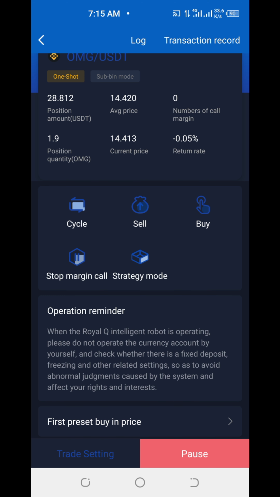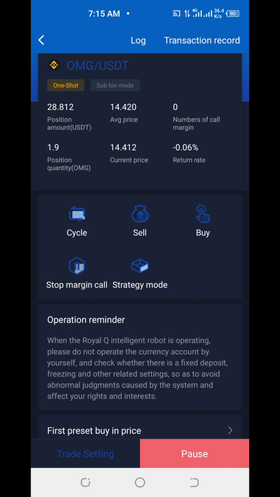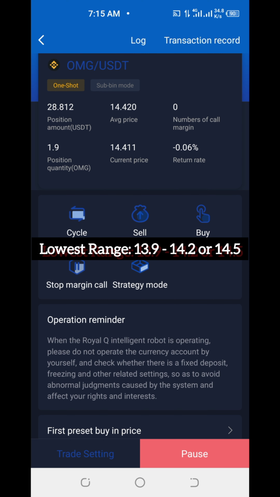By this I mean for OMG, we know that the lowest point for OMG right now, talking about the support level and the former resistance level, is 13.9. So if OMG drops below 13.9, it wants to go back to the previous support, maybe at 13.4 or 13.